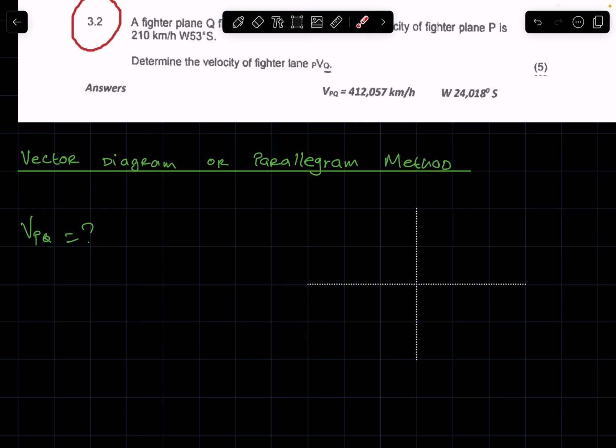So the parallelogram helps us in determining in which quadrant this velocity, the resultant velocity, or the velocity of P relative to Q, is going to be in. Hence, it is very important that you try to use somewhat of a scale in drawing your vectors.